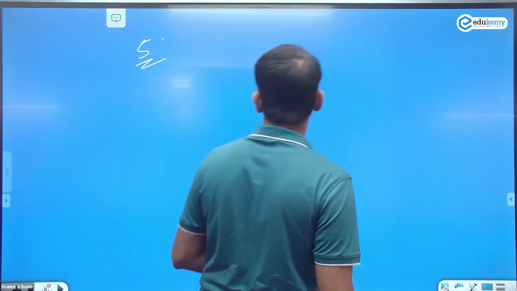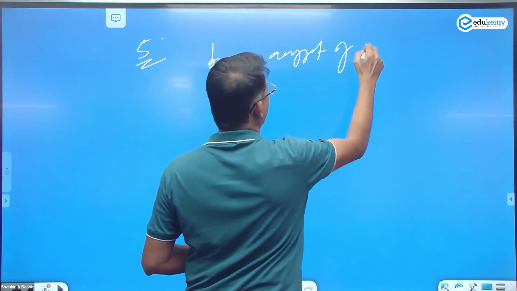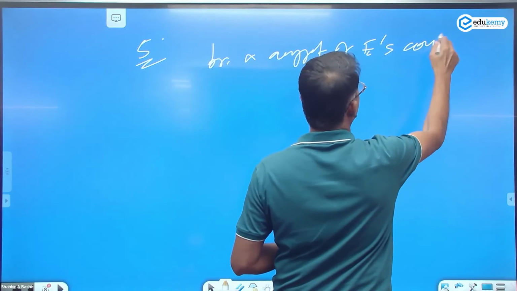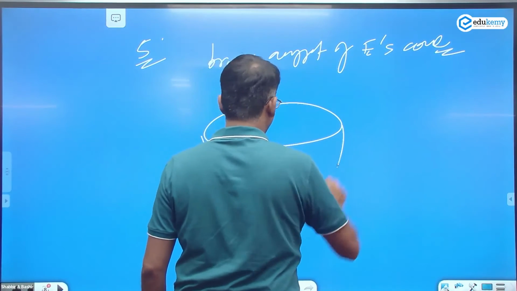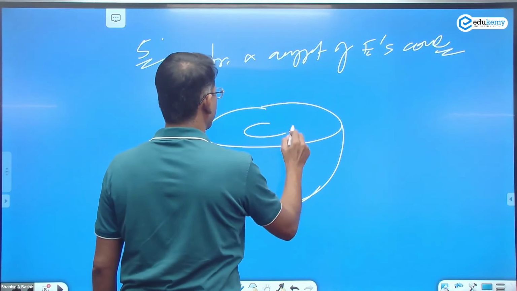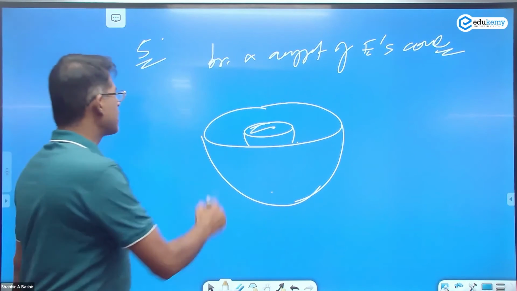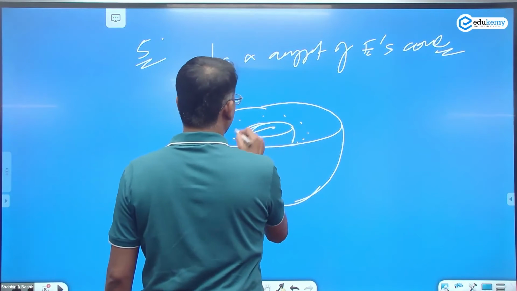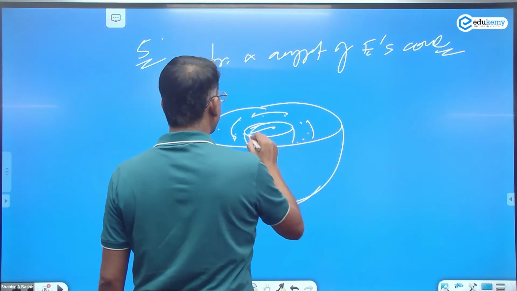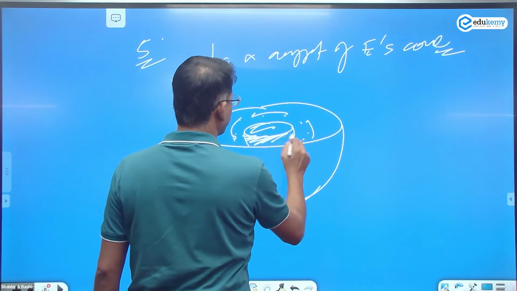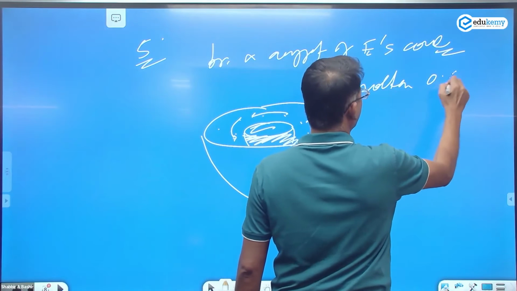How is the Earth's core? There is an outer core. The outer core is fluid, it is molten, it is rotating, and the inner core is solid. This is a molten outer core.